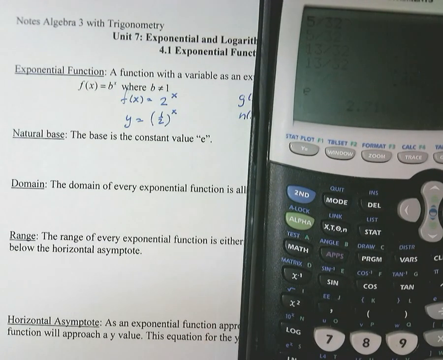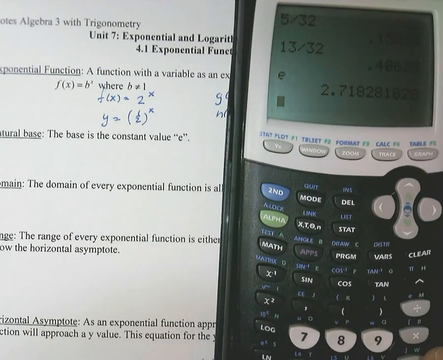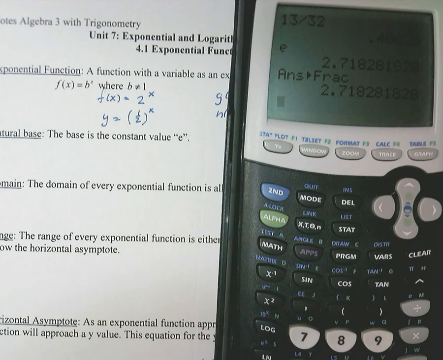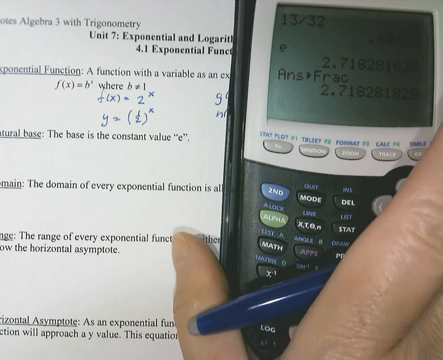And when I hit enter, the value of e is 2.718. It's like pi. You cannot turn that back into a fraction. If I tried to turn it back into a fraction, it's not going to go. It's a value just like pi, where it's irrational, cannot be turned back into a fraction, and it continues.